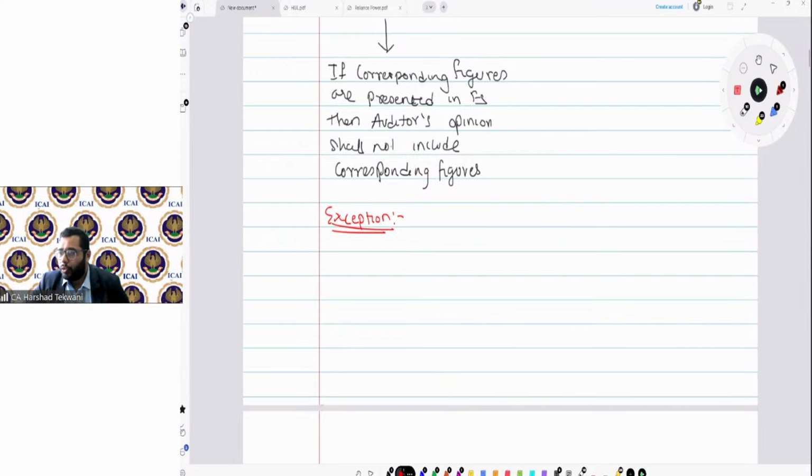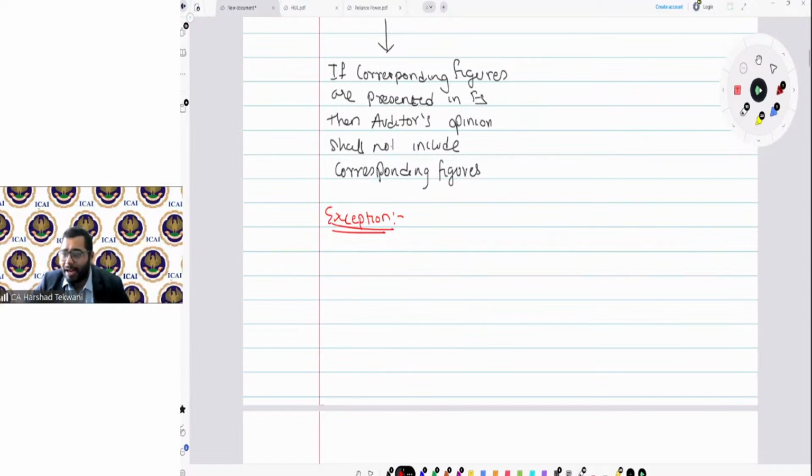So what should I do? In that case, I need to refer to both the current period figures and the corresponding figures in the description of the matter that is giving rise to the modification, when I write the basis for qualified opinion, basis for adverse opinion, or disclaimer of opinion. If the effects or possible effects of that misstatement are material, then I will quote the current year figure plus the corresponding figure, because that corresponding figure is misstated.